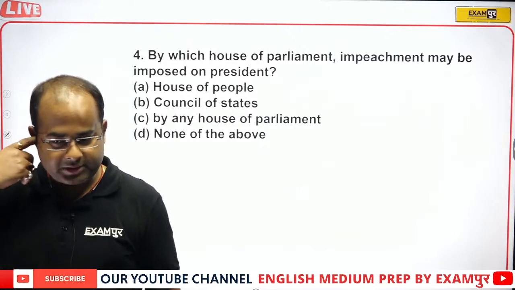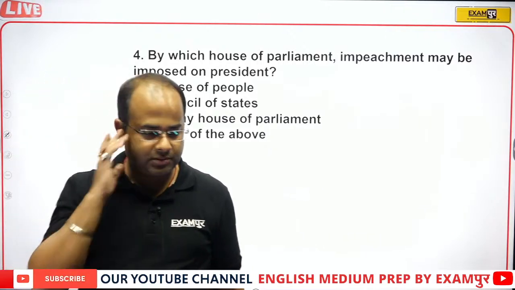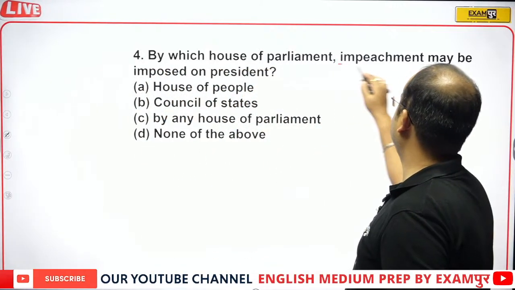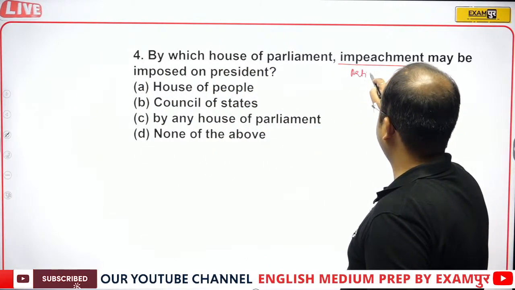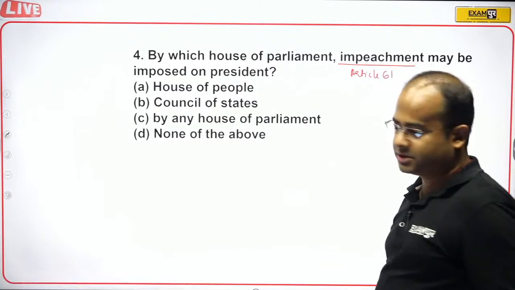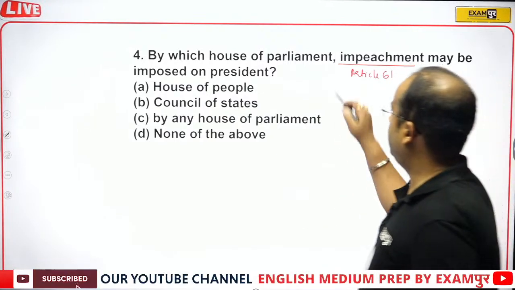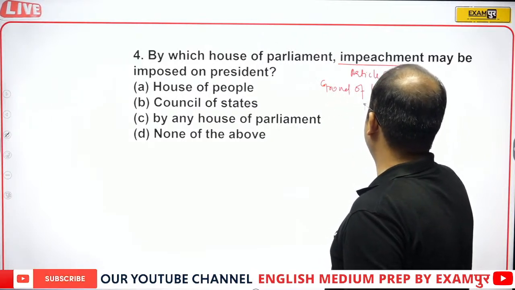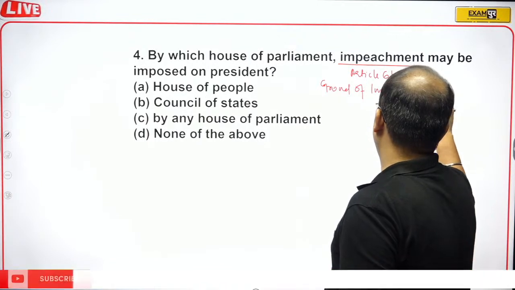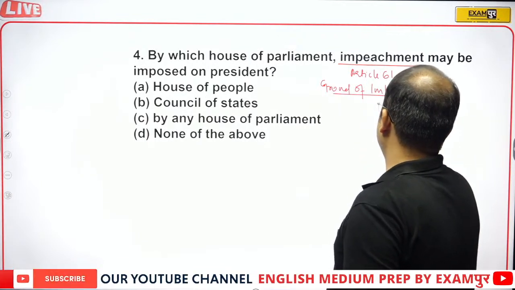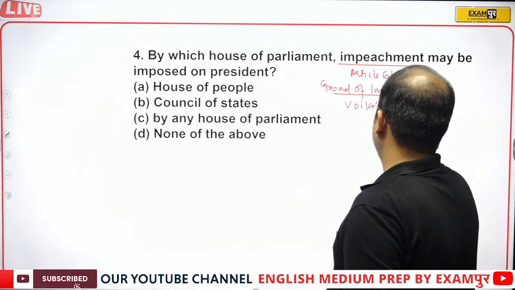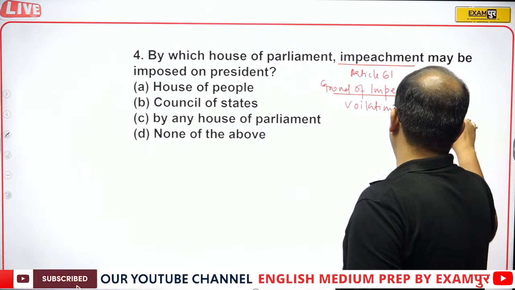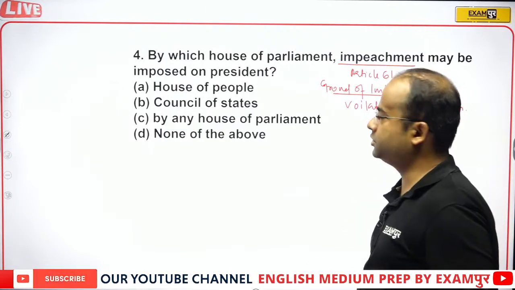Okay, guys, in which house will the impeachment process be started? Impeachment is defined in Article 61 of the Indian Constitution, and the ground of impeachment is violation of the Constitution.